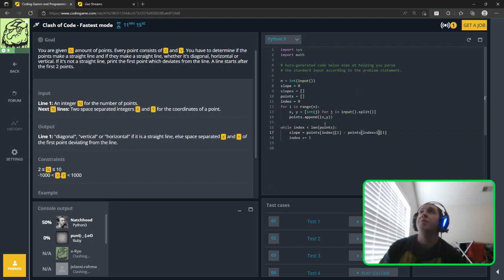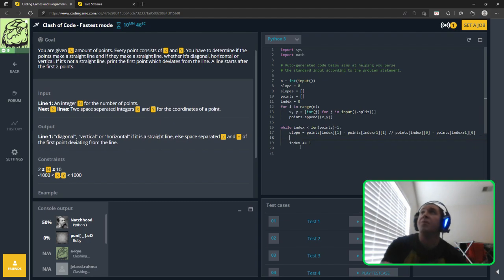And if we're going to be doing this, we need to do it -1 here, because we're going to be analyzing 2 at a time. And then divided by all of this, only we're dealing with the x coordinates now. There we go. Okay, so that's the slope.